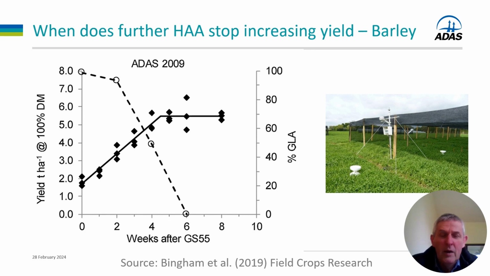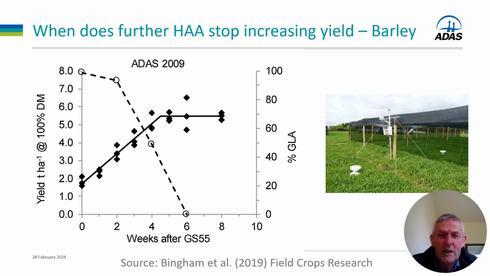So essentially at that point or beyond that point, the crop is limited by its sink capacity, and having more photosynthesis for longer is not adding to yield because there's nowhere to put the carbohydrate.